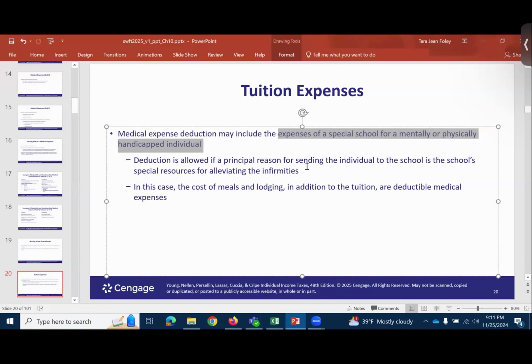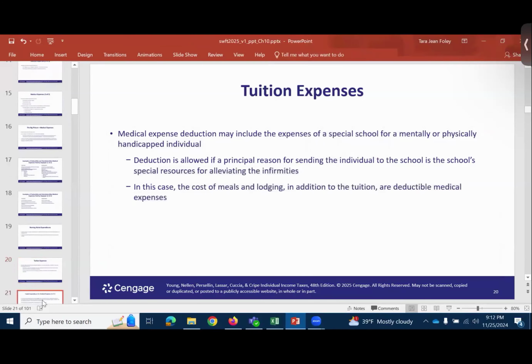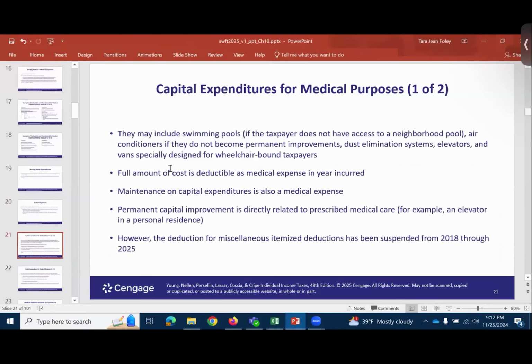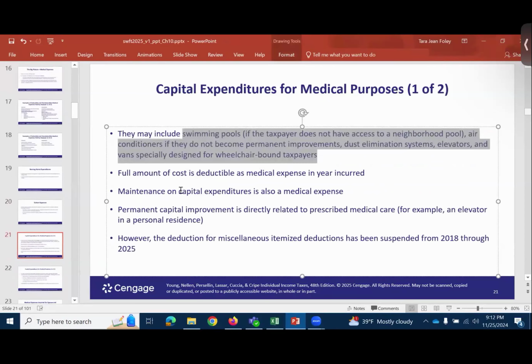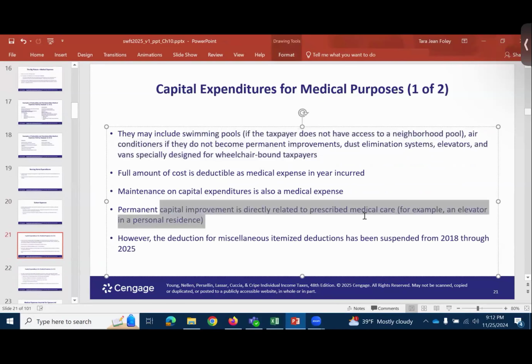And the principal reason is the special resources to alleviate the infirmities. So everything is deductible when that happens. Capital expenditures, you're putting in a swimming pool, you're putting in an elevator. These are capital expenditures for medical purposes. These are deductible.